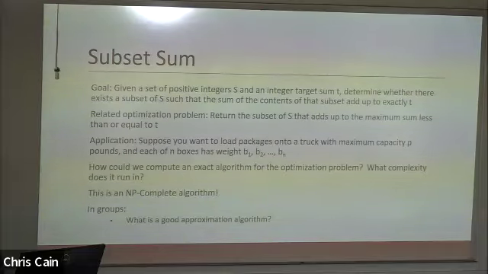So basically we need to figure out the integer n. Whatever the number is, if it's greater than t, skip it. If it's less than or equal to t, we put it in.